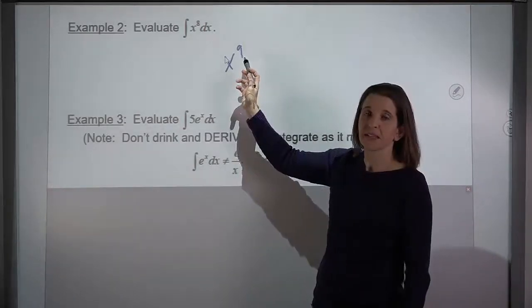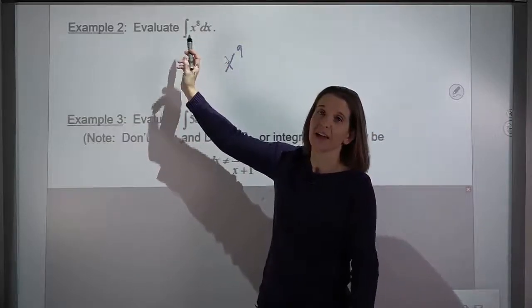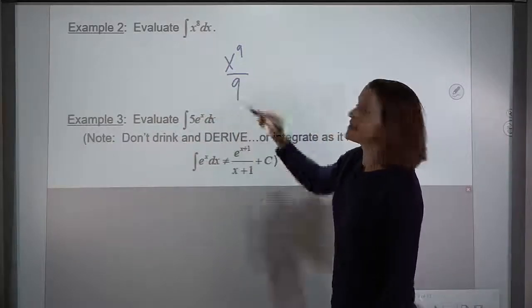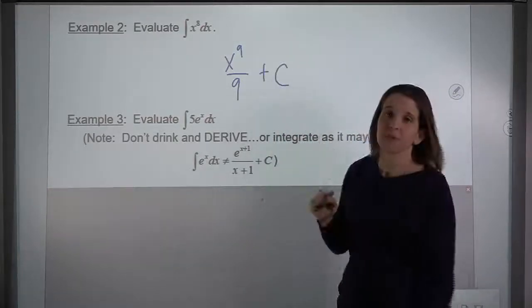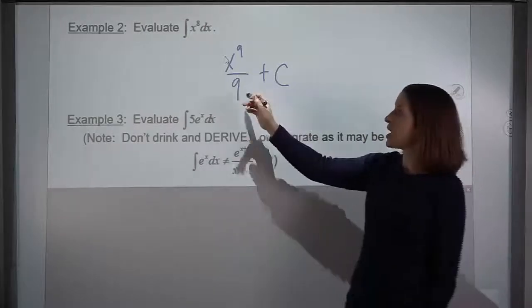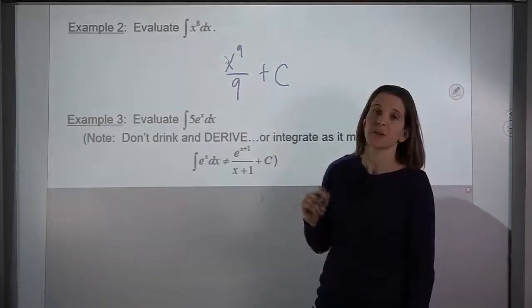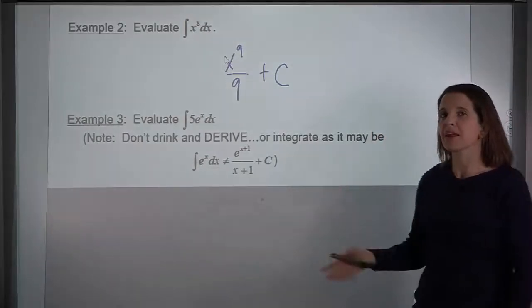The derivative of x to the 9th would be 9x to the 8th. But I don't have 9x to the 8th. I only have x to the 8th. So I need to divide off the 9 I would have gotten. And then don't forget the plus c. So on every single one of these, you can pause and check by taking the derivative and seeing if you get what's inside. And here you will. Here's one more. So last time we're going to kind of think through it.